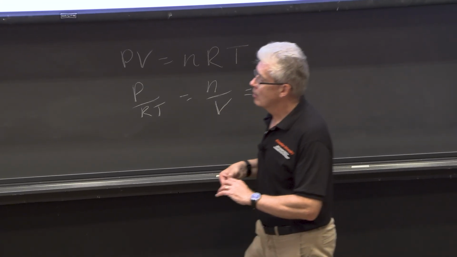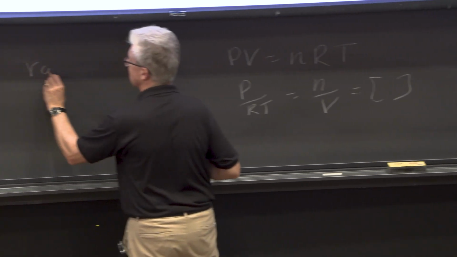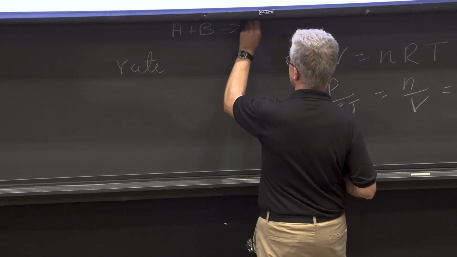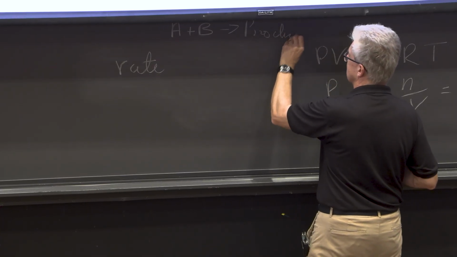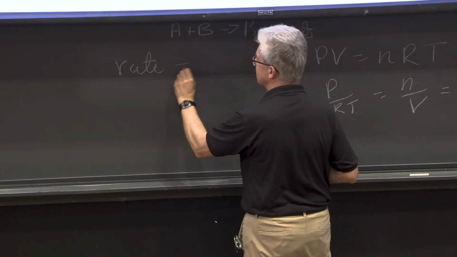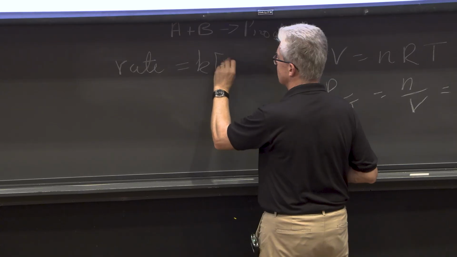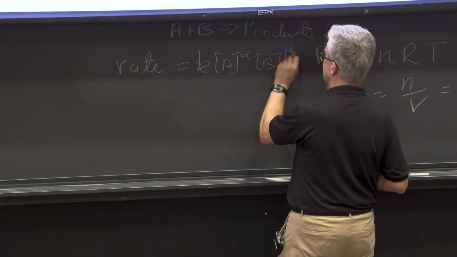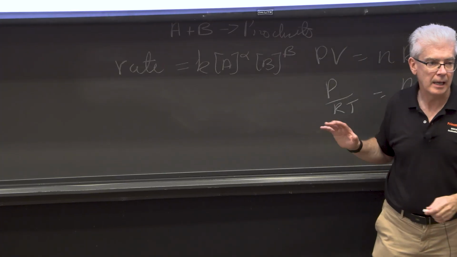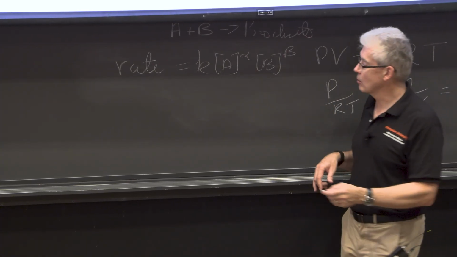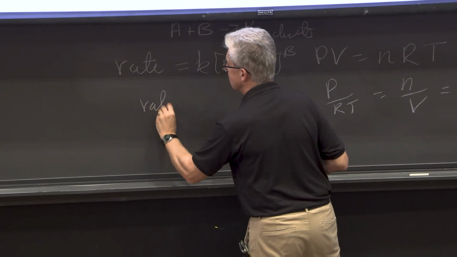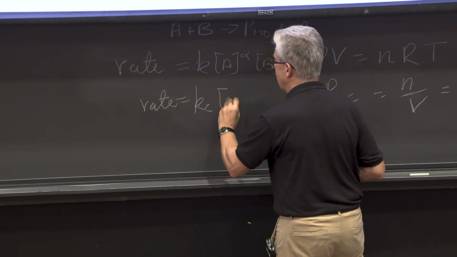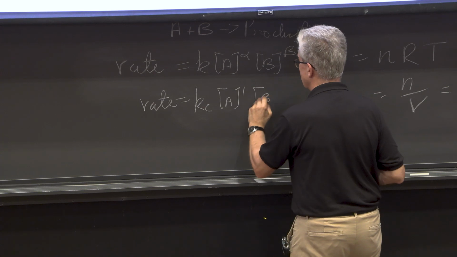And remember, the rate of reaction, if we have A plus B giving products, okay, the rate is equal to the rate constant times the concentration of A to the alpha and B to the beta. And let's just assume it's first order in each one. So the rate will be equal to the second order rate constant times A to the power of 1 and B to the power of 1.